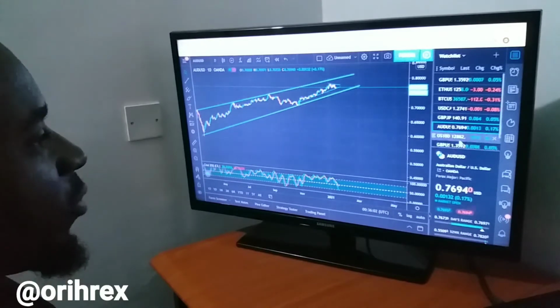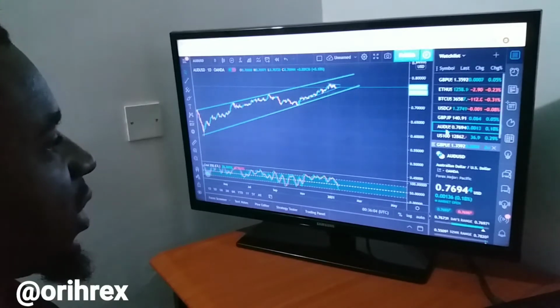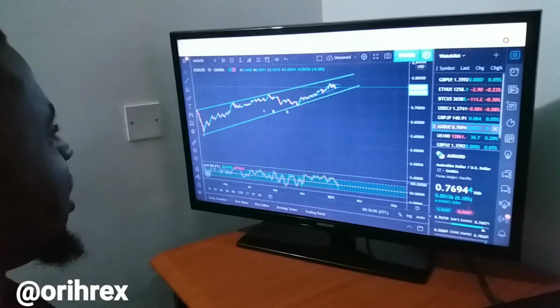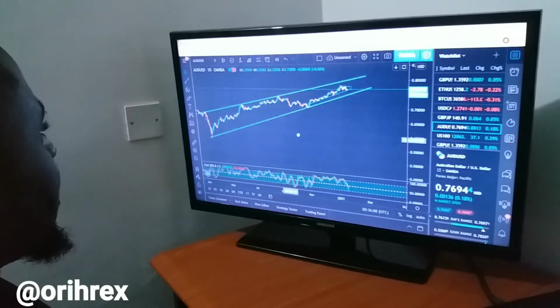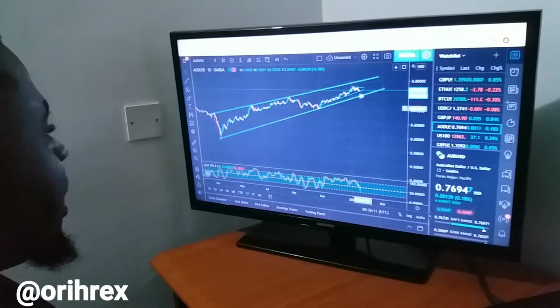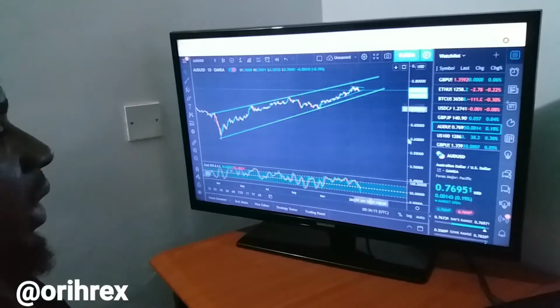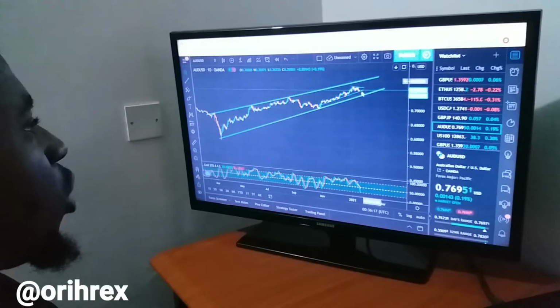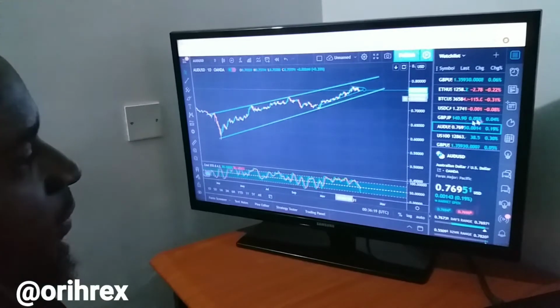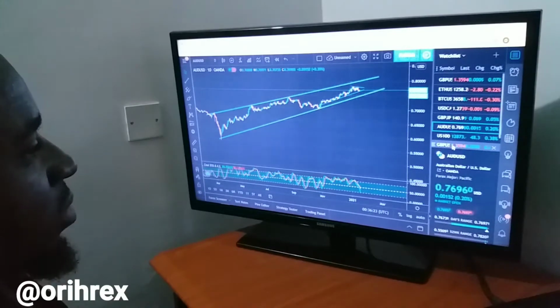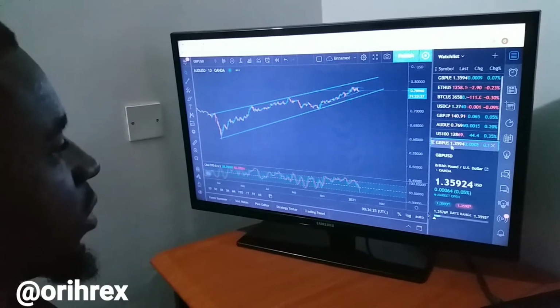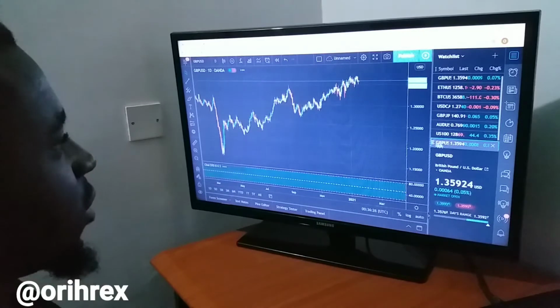Let's do a markup for, let's say, this is a previous markup I did, and I'm waiting for this trade at the moment. Whenever it comes up, I'll just take it. But let's do a markup for, let's say, pounds versus the dollars.